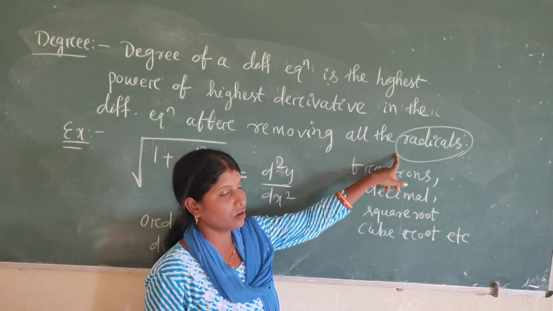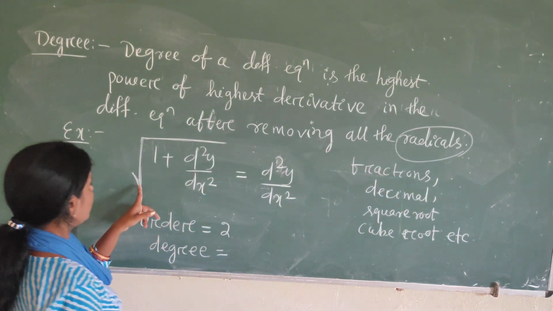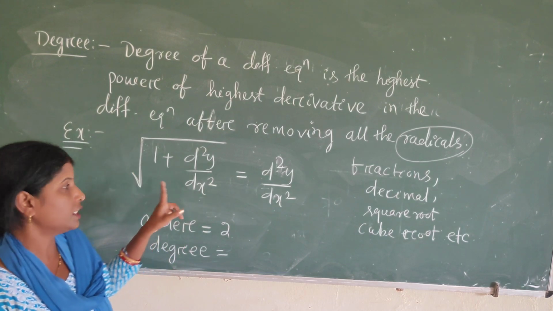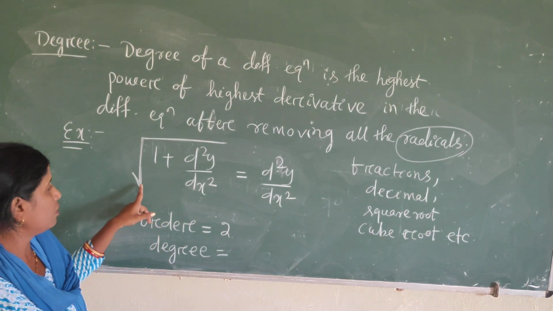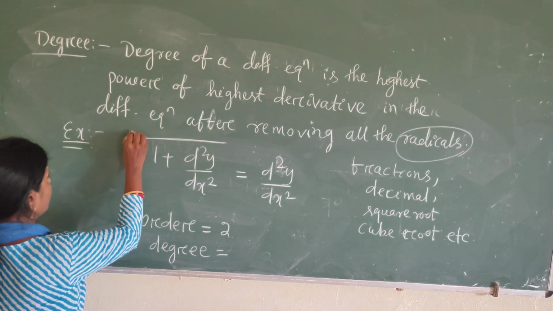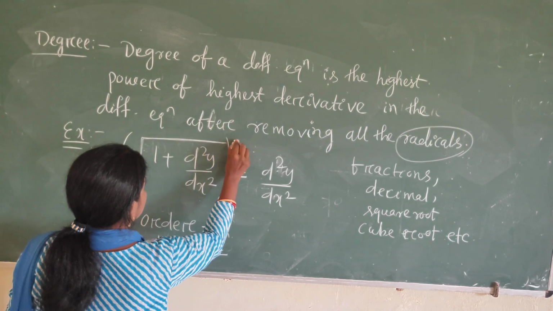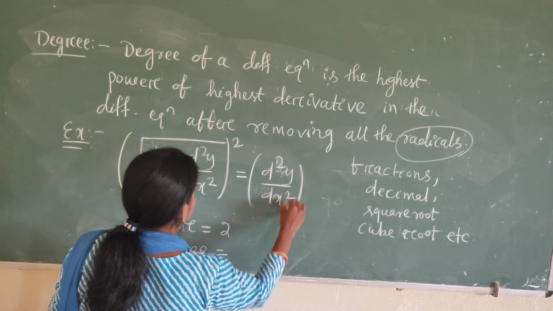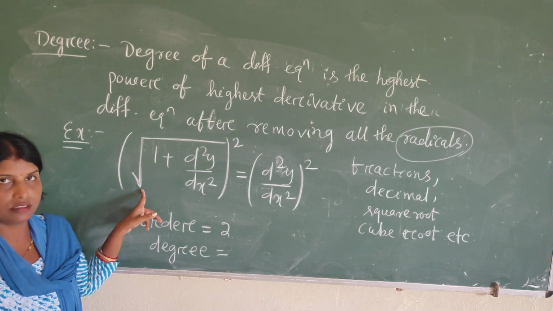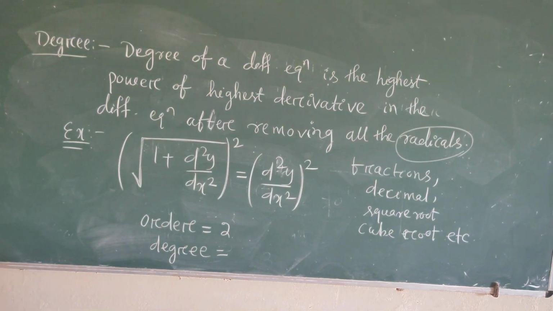After removing all the radicals, here is a radical that is square root. So we have to first remove it. How we can remove a square root? If I take square in both sides, then the square root is removed.